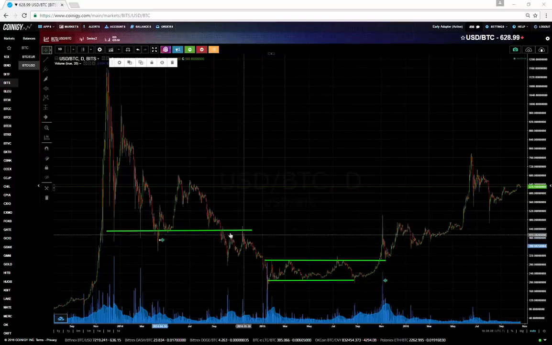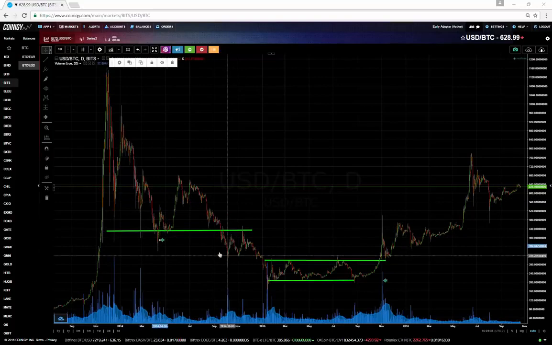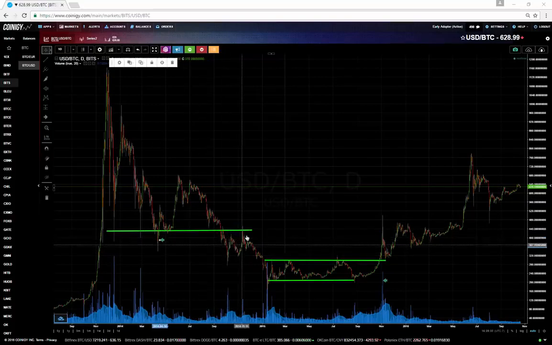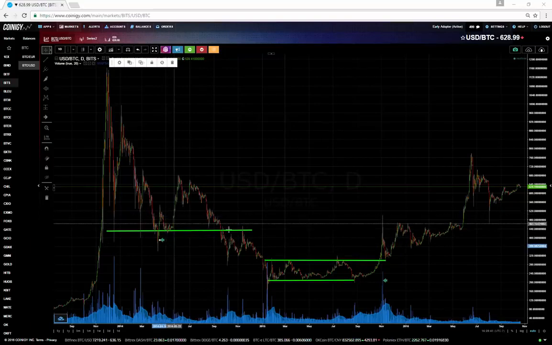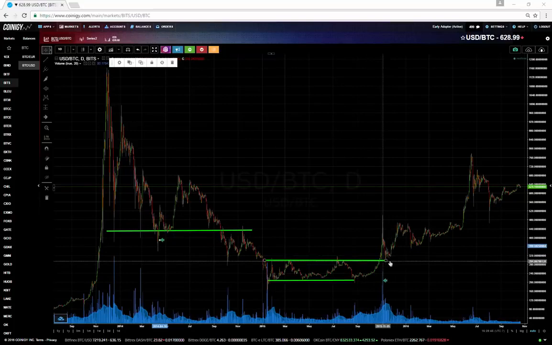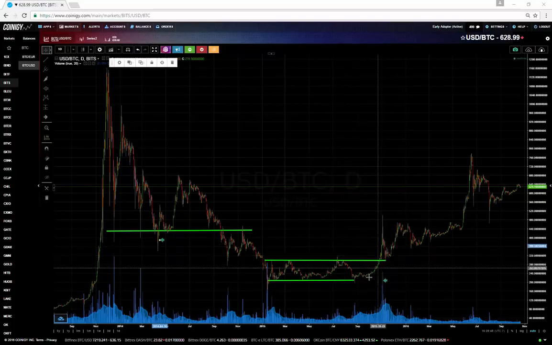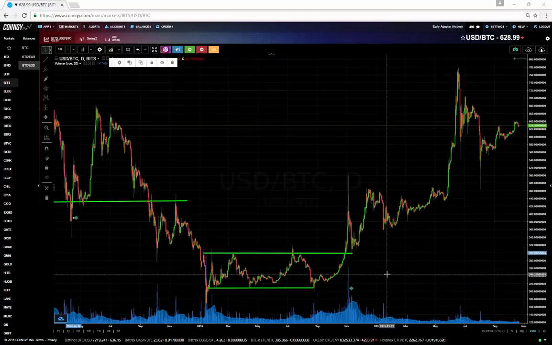As we can see, there's resistance here, support, right? Sometimes on downtrends, prior support becomes resistance, making lower highs and lows. And on uptrends, just like here, prior resistance can turn into support as it makes higher lows and highs.